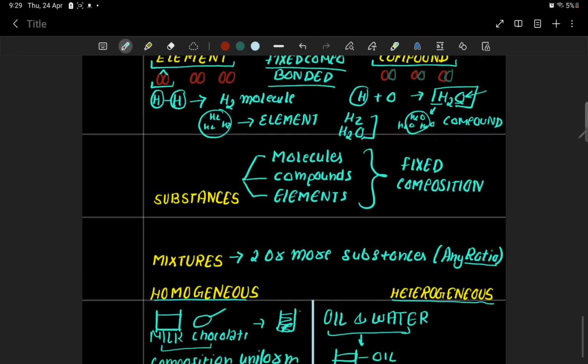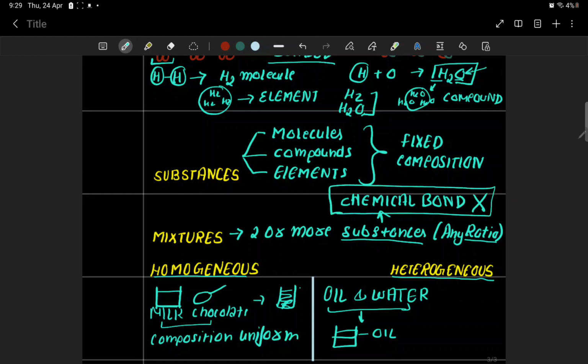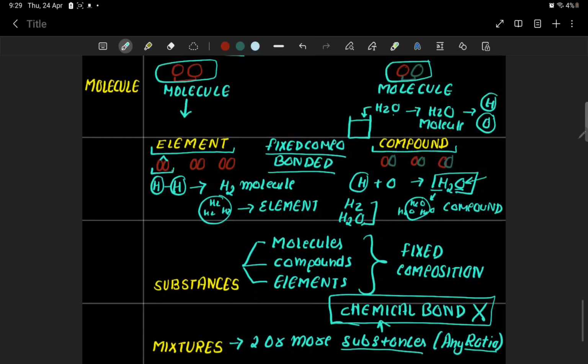So with this you understand the homogeneous and heterogeneous mixtures. Also, in mixtures, the substances don't form a chemical bond. Those substances just exist together. Unlike in pure substances, elements and compounds, the atoms bond.